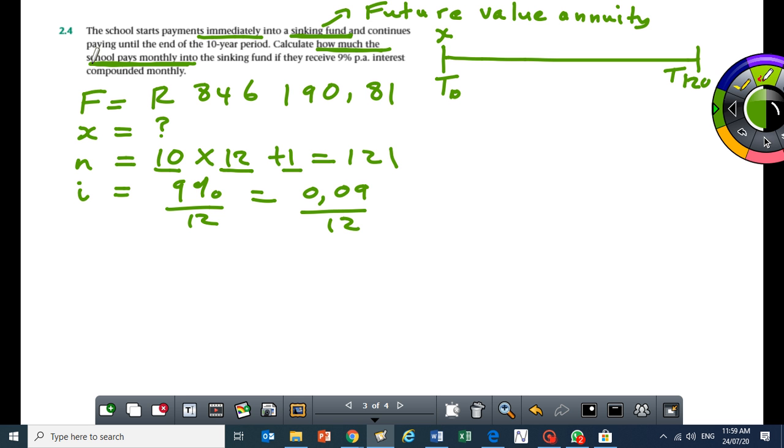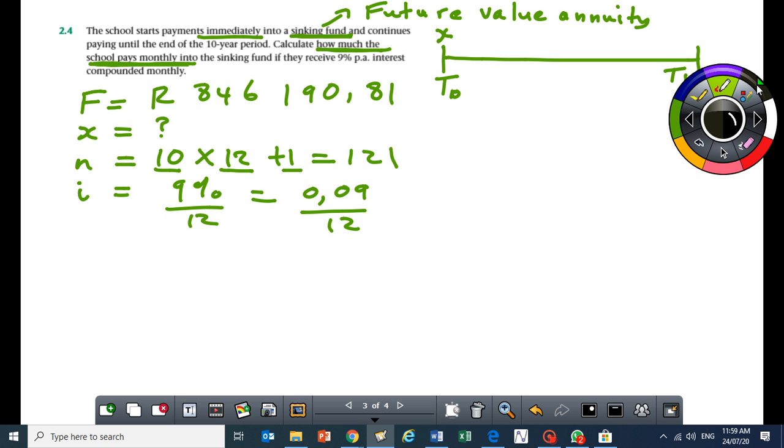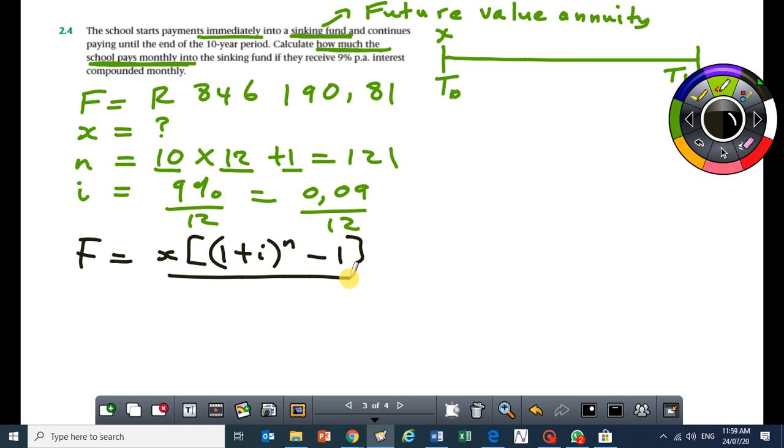So we write our formula. F, always remember to write the formula down. Minus 1 all over i. So that's F. In this case, we want X, so I can make X the subject straight away.